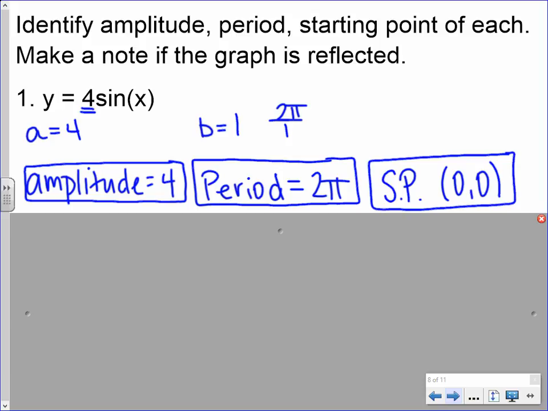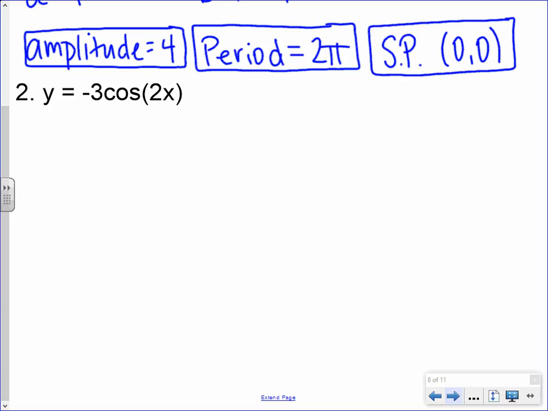Let's do another simple example. Our A is -3. However, what do we say our amplitude is?